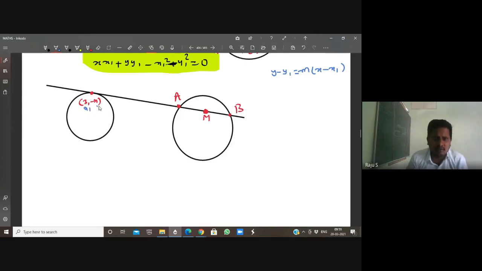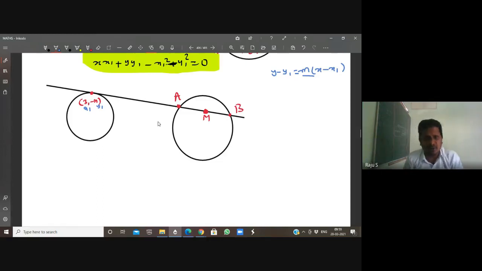This is x1, this is y1. We know the point, yes or no? But what is the slope? If you know the slope, you can just use this formula and you get the tangent equation.